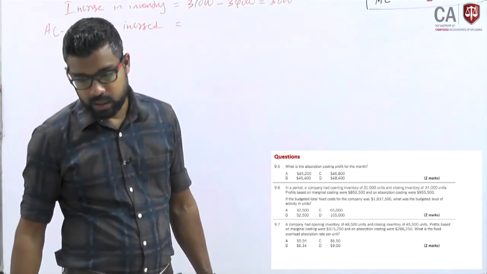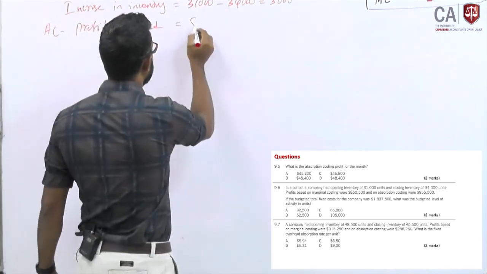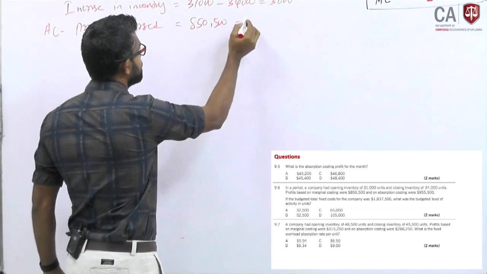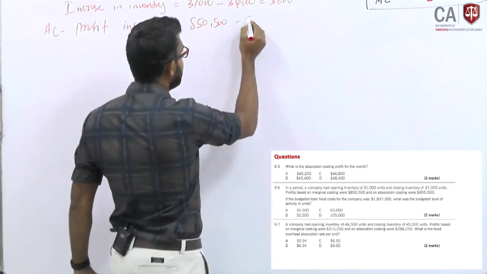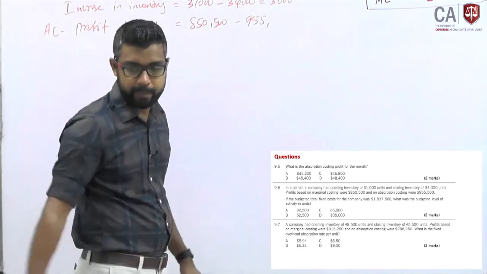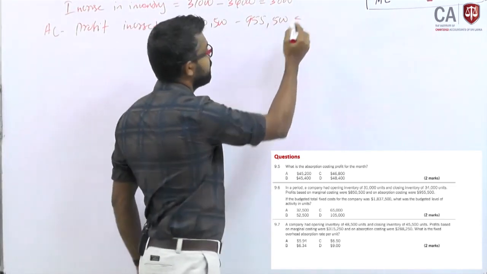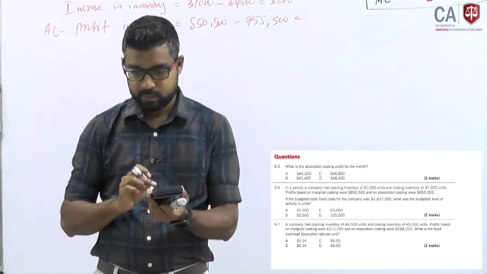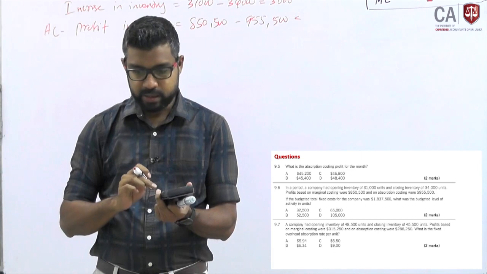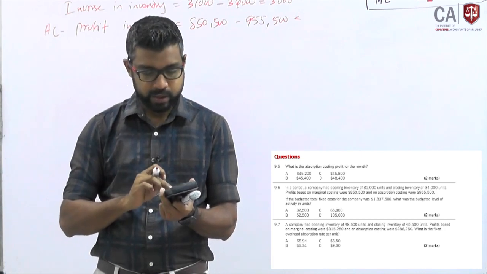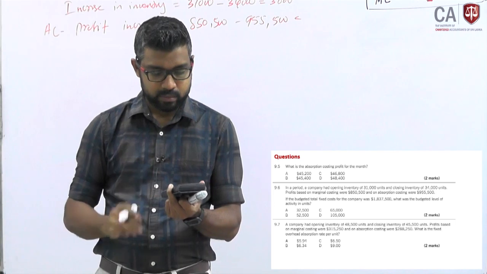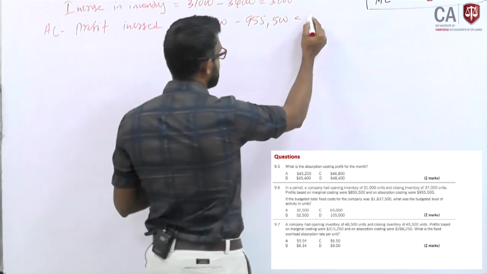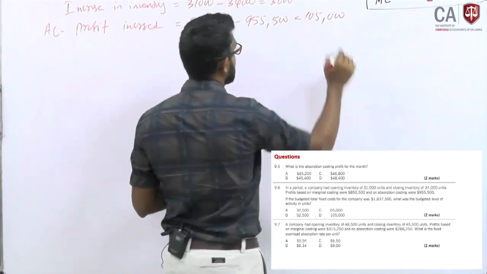Marginal costing 850,500 to 955,500. What's the difference? 955,500 minus 850,500 is 105,000.